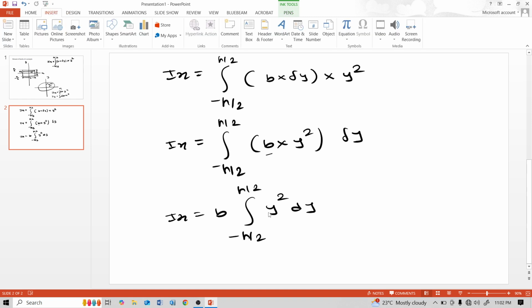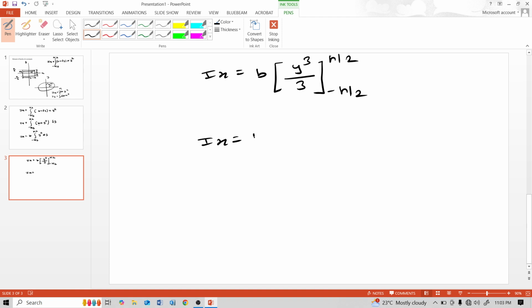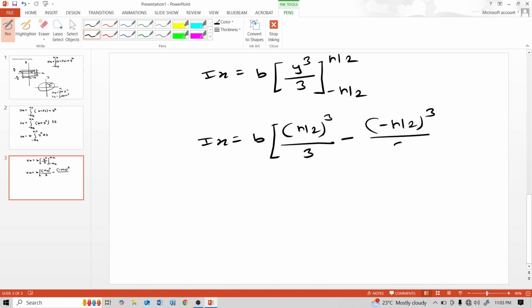Therefore, integrating y square dy, Ix is equal to b times y cube by 3, with boundary conditions minus h by 2 and h by 2. Therefore, Ix is equal to b times, substituting y, h by 2 whole cube upon 3 minus minus h by 2 whole cube upon 3.